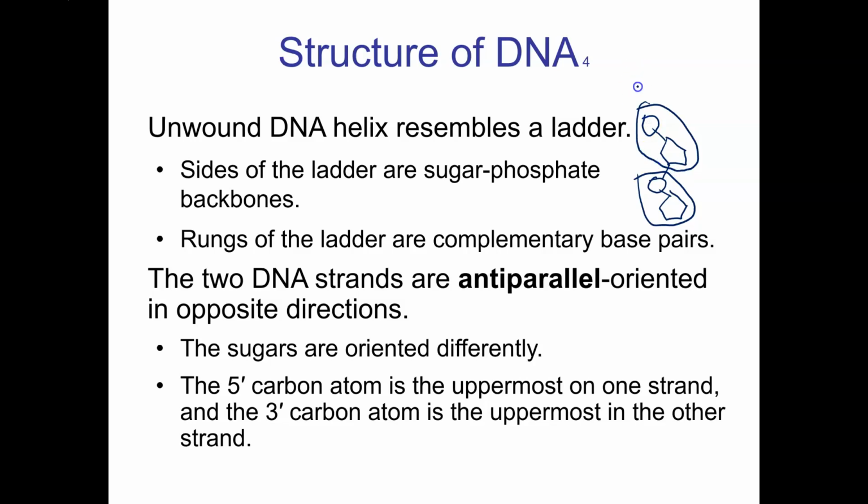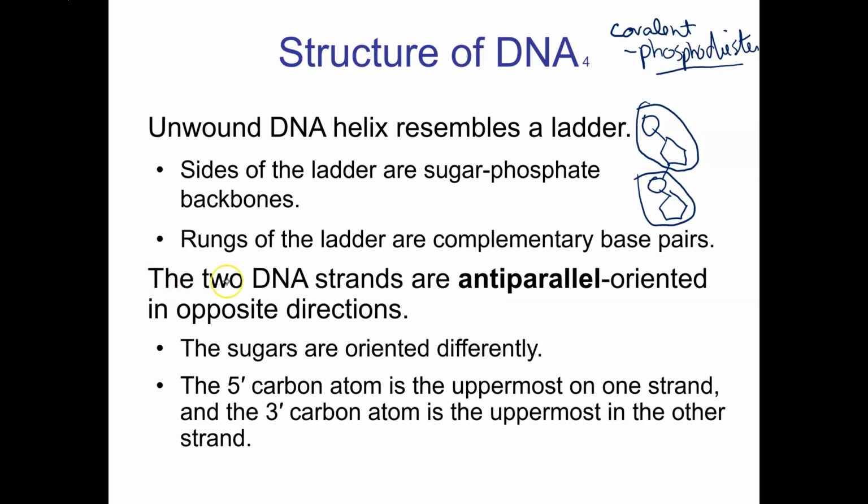So the rungs of the ladder are bonded through a covalent bond. Not the rungs, I'm sorry, the sides of the ladder, not the rungs. The sides of the ladder are covalently bonded, and the bond is called a phosphodiester bond.